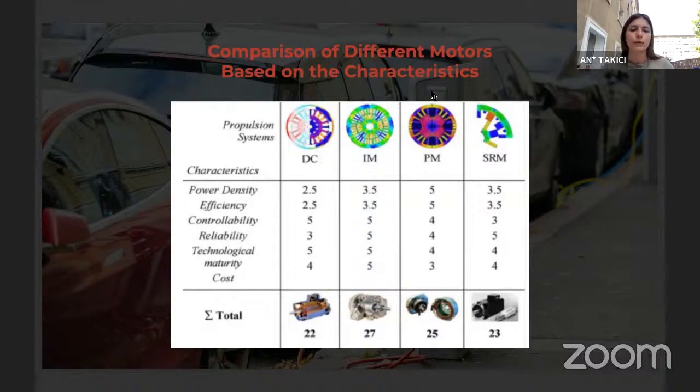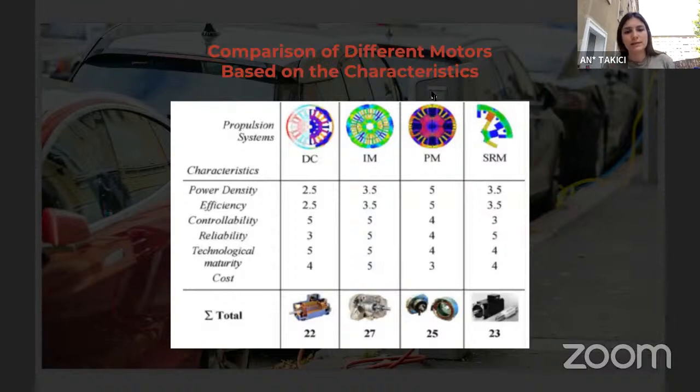is important for manufacture production. So as you can see, induction motor has the low cost, and it's very important. And the total: induction motor has 27 in total.